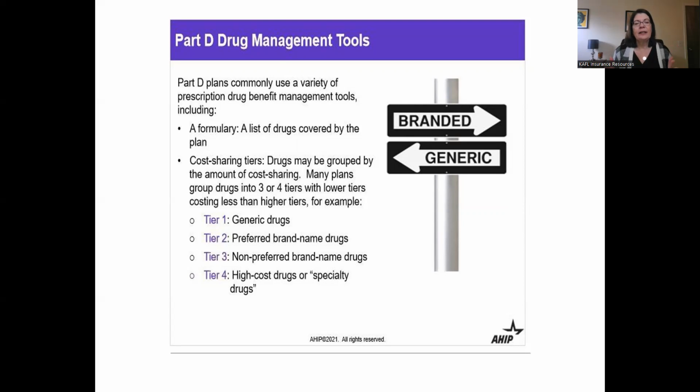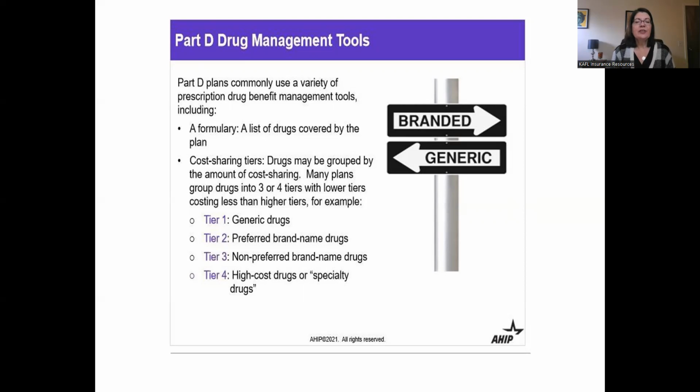And I say best, that's not a really popular word in the Medicare world, but what are people looking for? The highest benefit for the lowest cost. So we look at their drug list and we see what company has those drugs, first of all, on their formulary and preferably in the lower tiers.